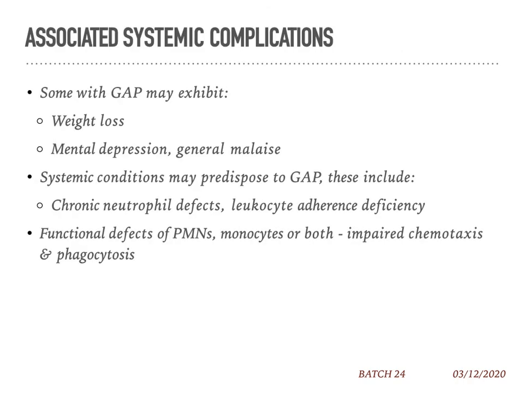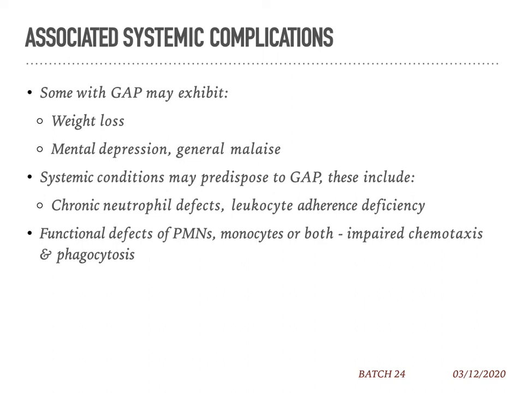Associated systemic complications. Sometimes generalized aggressive periodontitis may exhibit weight loss, mental depression, general malaise, and systemic conditions like chronic neutrophil defects, leukocyte adherence defects and functional defects of PMNs, monocytes or both may result in generalized aggressive periodontitis.